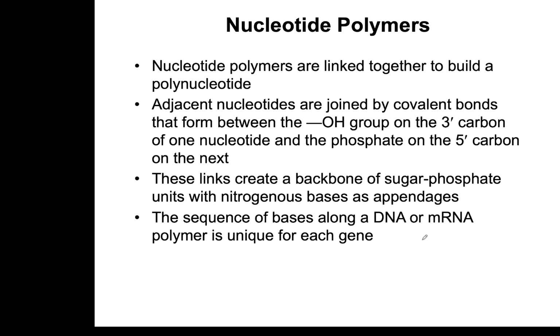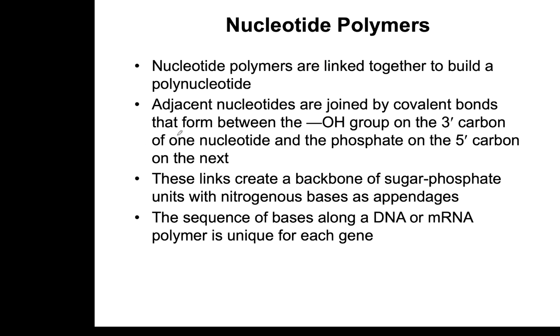Nucleotide polymers are linked together to build a nucleic acid. Nucleotides are joined by a covalent bond that forms between the hydroxyl group on the 3' carbon of one nucleotide and the phosphate on the 5' carbon of the next nucleotide.